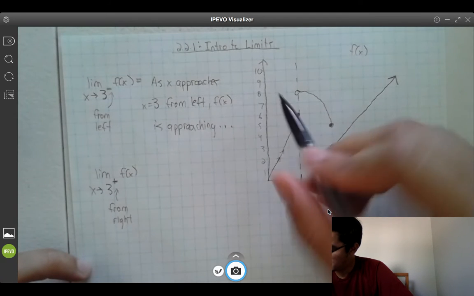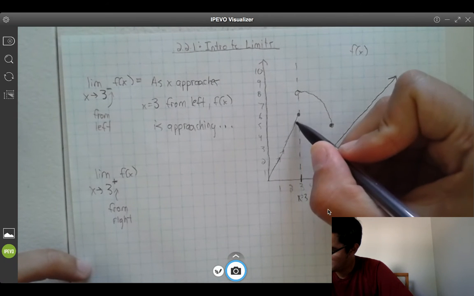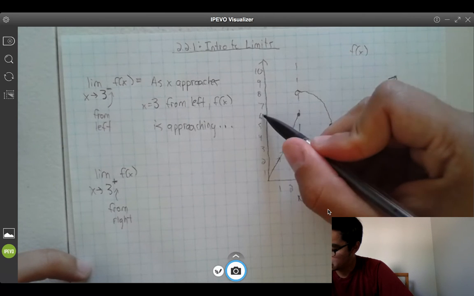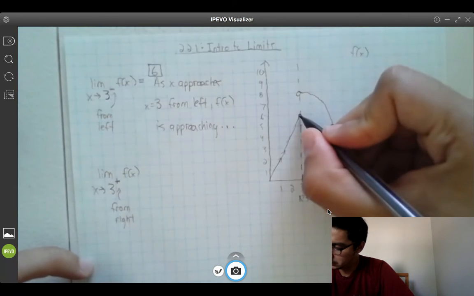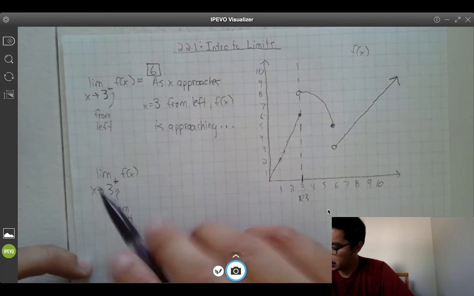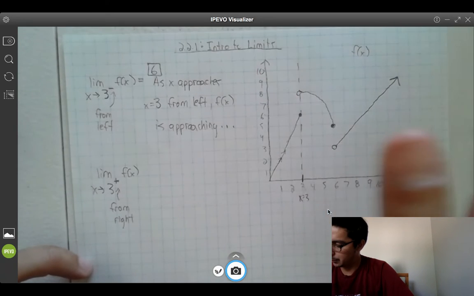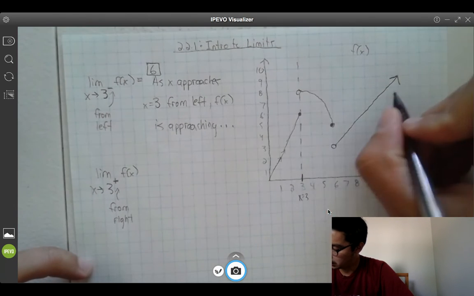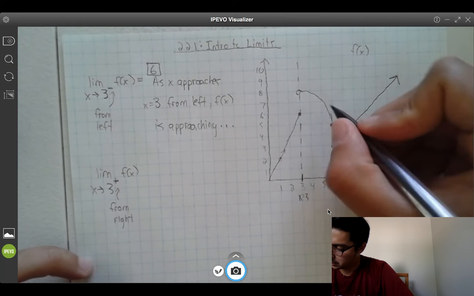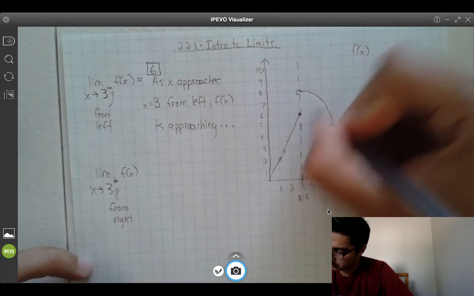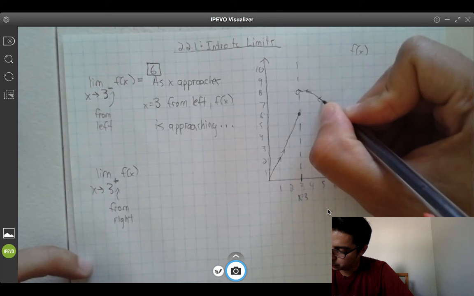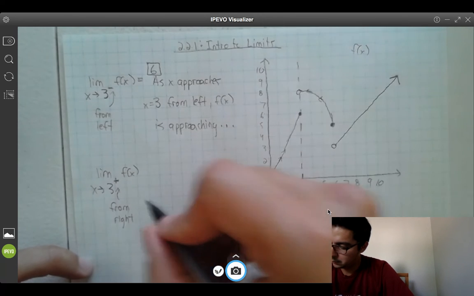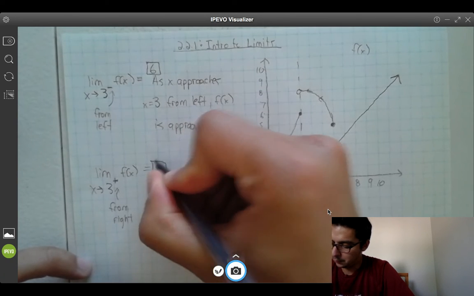Well, my function f(x), my curve is approaching here, which is 6. So that first one will be 6. As I approach from the right, so now here's 3, and I'm on the right side of 3, and the curve is right here. So as this curve approaches x equals 3 from the right, my y values are approaching 8. So in that case, that would be 8.